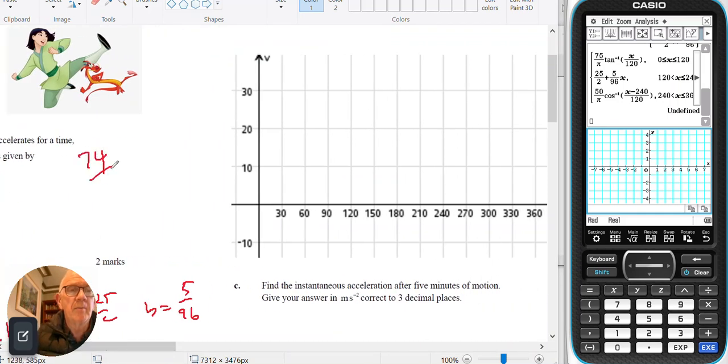75 on 4 is 18 and a bit. So I know at 120 we're 18 and a bit, and I know that at 240 we're at 25. And that's a straight line.